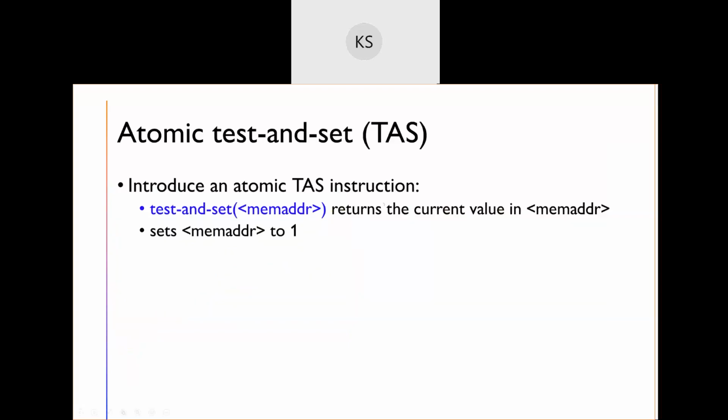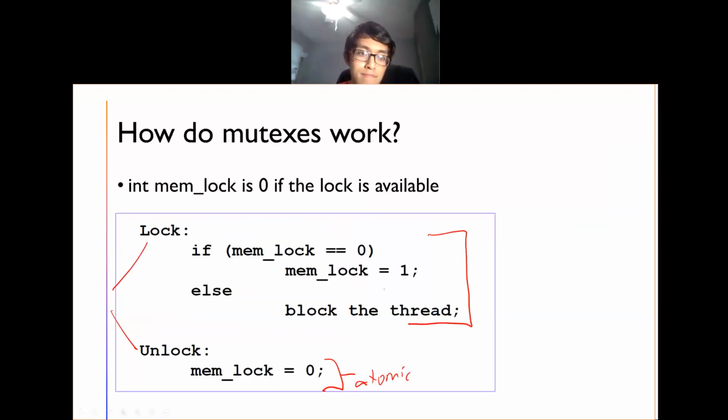Yep. So the memory lock is just a very simple representation of whether a certain lock is available or not. It can be 0, that means the lock is available, or it can be 1, meaning that it is held by another thread.